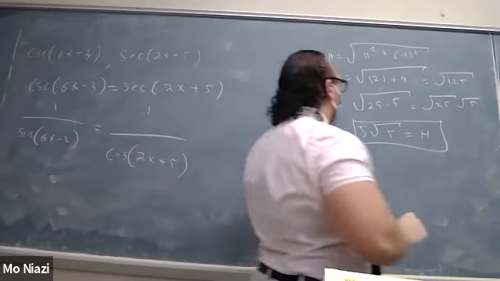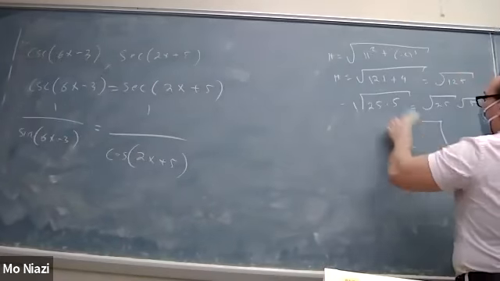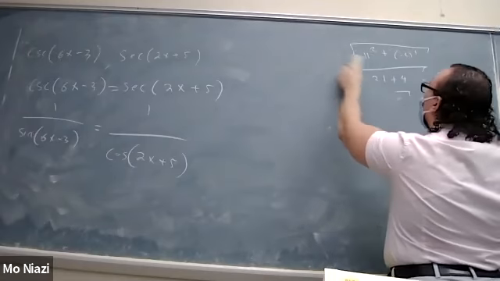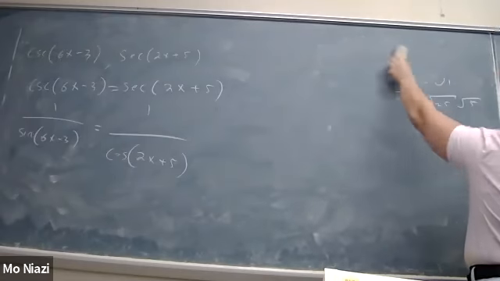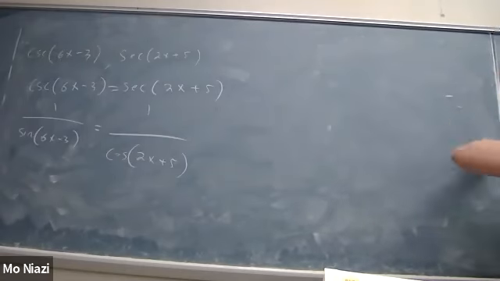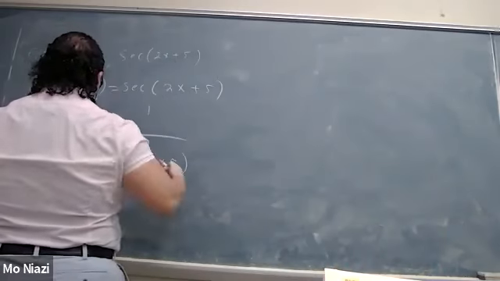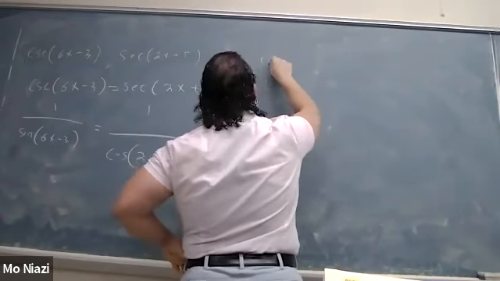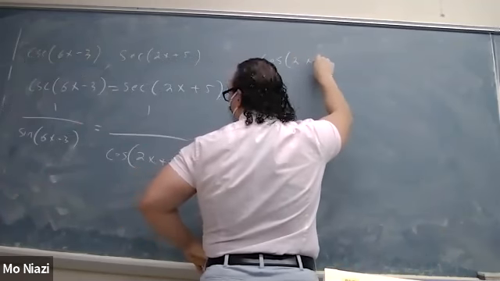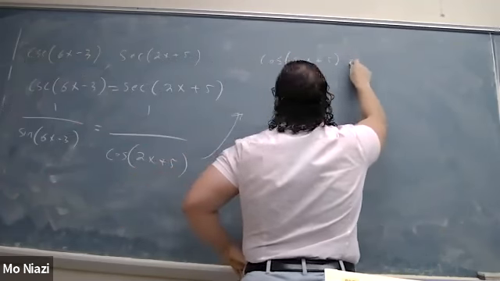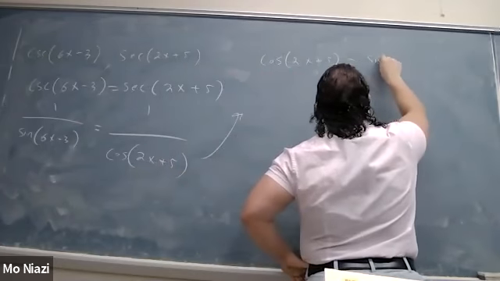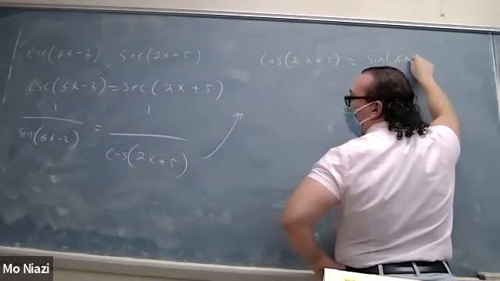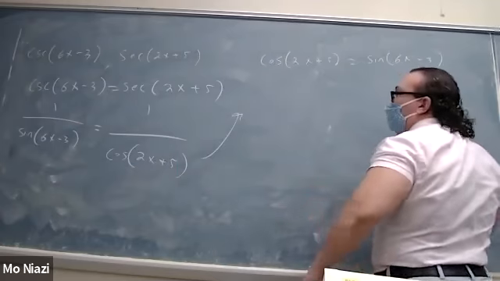So it says find the value of x that would make them equal. So we're going to set them equal to each other and try to find the x that satisfies that. Notice when you cross multiply, what you get is cosine of 2x plus 5 is equal to sine of 6x minus 3.